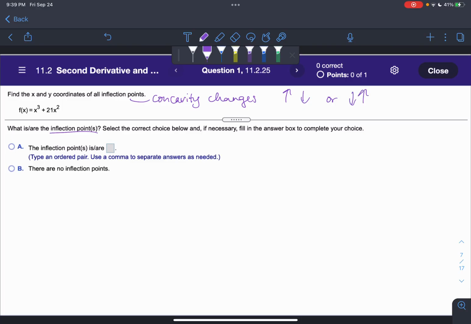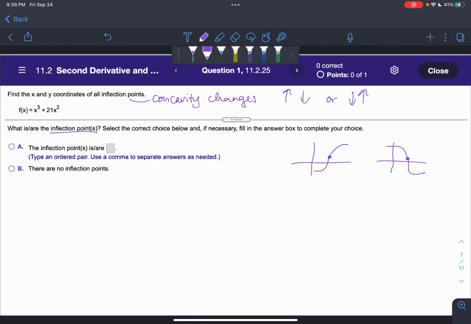Graphically, up to down would mean maybe something like this, and so my inflection point would be here. And then concave down to up may look something like that. But anyway, we can find these algebraically. Remember, we're talking about concavity, so this means second derivative.